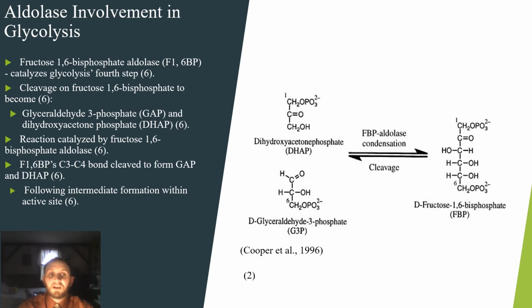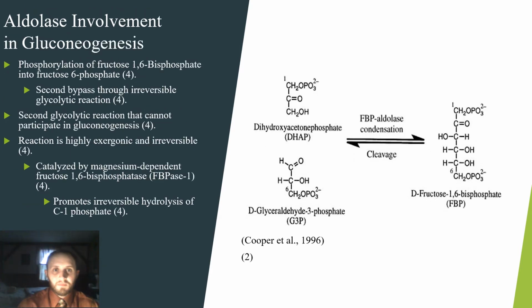And this actually focuses on the fact that it cleaves the fructose 1,6-bisphosphate C3-C4 bond to form these two molecules, following the intermediate formation within the active site. And that is how the aldolase creates these two molecules, which are needed for the further steps of glycolysis.